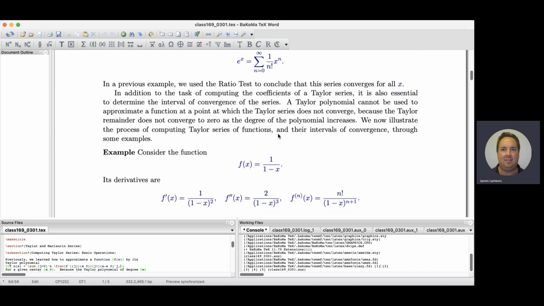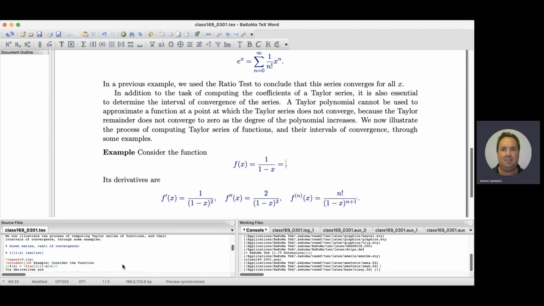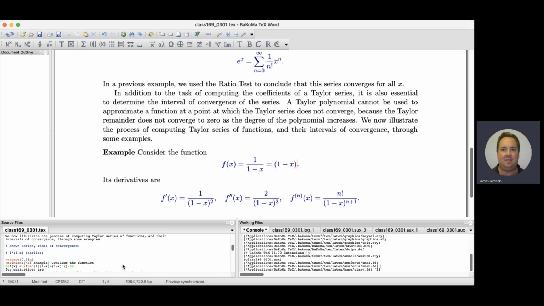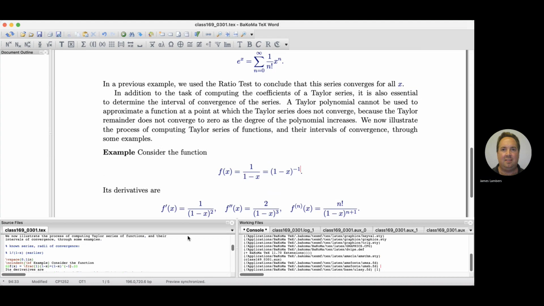All right, so as an example, here's our function f of x equals 1 over 1 minus x. If I were to compute derivatives of this, you can think of this as simplified differentiation: 1 minus x raised to the minus 1.